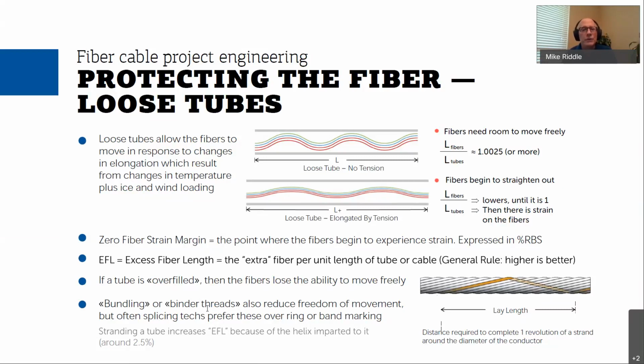You can also use ring marking or band marking, again, synonymous terms, where you take the 12 colors and then you repeat them and you put a black ring mark on each fiber. In that system, you will have a blue fiber and then a blue fiber with a ring mark, and an orange fiber and an orange fiber with a ring mark and so forth and so on.